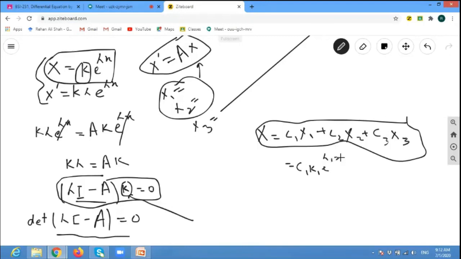What is x2? k2 e power lambda 2 x. Look, from here we took x is equal to k e power lambda x, so x1 will become k1 e power lambda x and x2 will become k2 e power lambda x. If you put these values, the general solution will become this one plus c3 k3 e power lambda 3 x. Is it clear now?